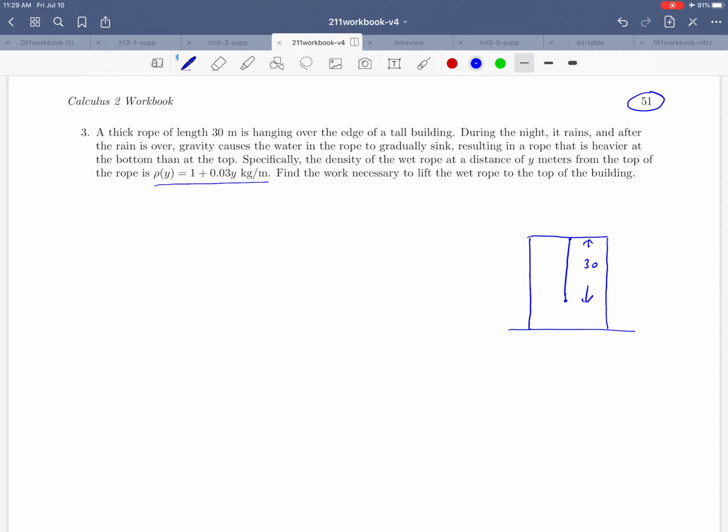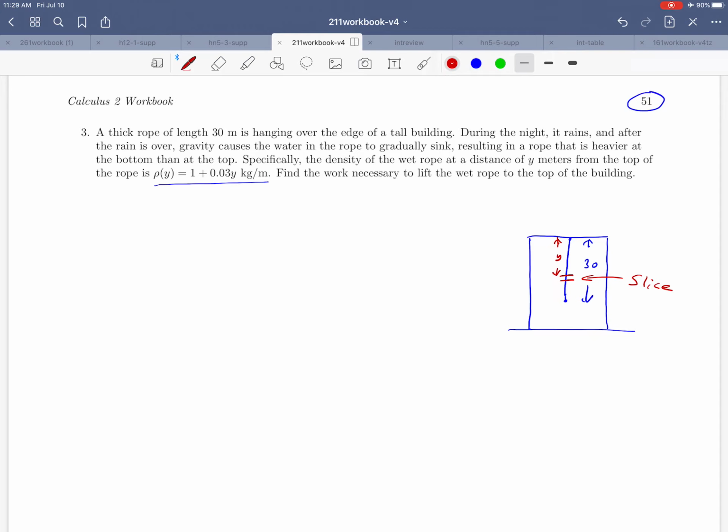We're going to use the same strategy that we've been using for these types of problems. Different slices of the rope have to move different distances, so we'll use a slice-by-slice approach. Think of our slice as being there and moving a distance of y to get to the top. So there's our slice.